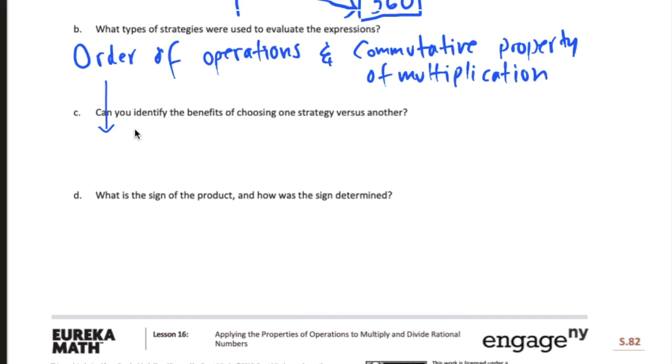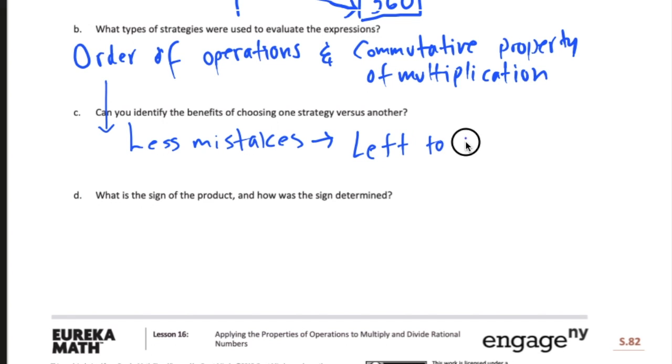With order of operations, you make fewer mistakes, because you have to do it from left to right, and it has to be done in order. So this one has to do with organization, and that's what's really good about it.